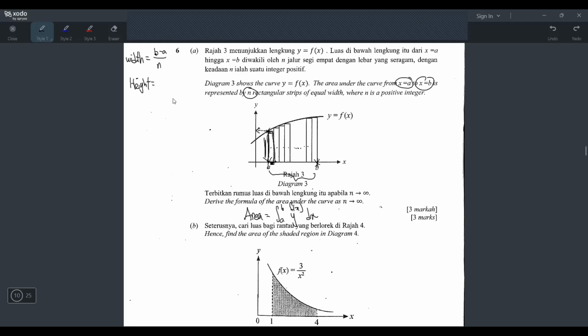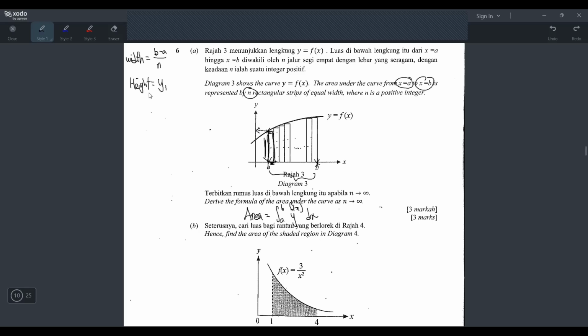So I'll write y1 here, because all the rectangles have different heights. Do you agree? Some rectangles are taller, some are shorter. So I will write y1 to indicate the first rectangle's y coordinate. But if I want the third rectangle's height, then of course I will have to take the third rectangle's y coordinate. It means I have to refer here, right? This y coordinate, right?